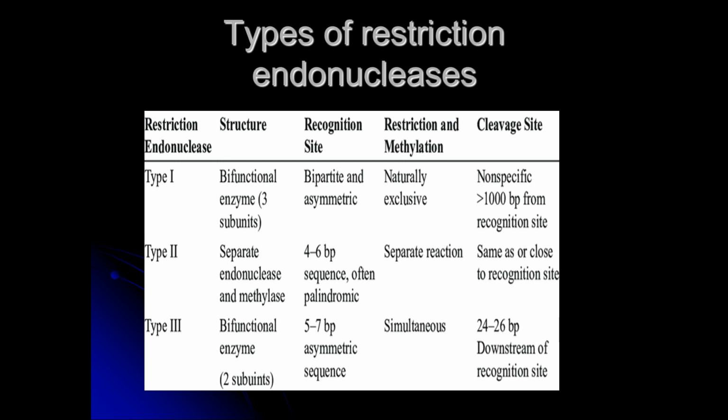Type 1 are bifunctional enzymes. Bifunctional means their function is of two types, because they are made up of three subunits: alpha, beta, gamma. Their recognition site is bipartite and asymmetric.